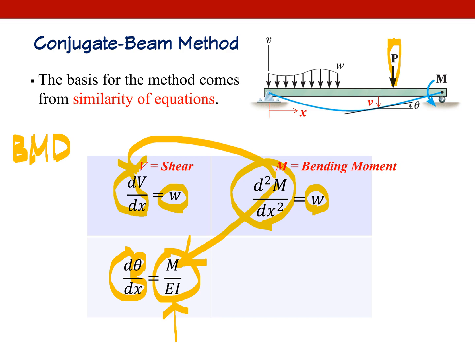And then, how can you interpret EI? Okay, let's look at E as material stiffness. Stiffness shows how hard it is to deform, how hard to bend. For example, wood is very easy to bend because the E value of wood is very small. How about steel? It's 29,000 KSI, so it's very hard to bend. So E is the resistance of the material to bending.